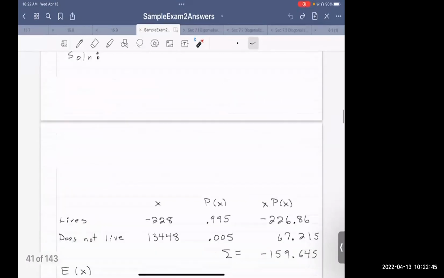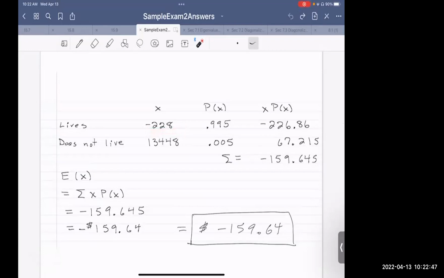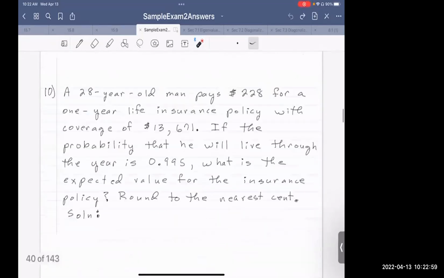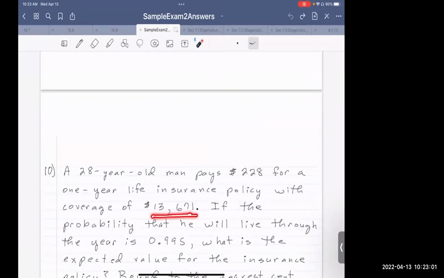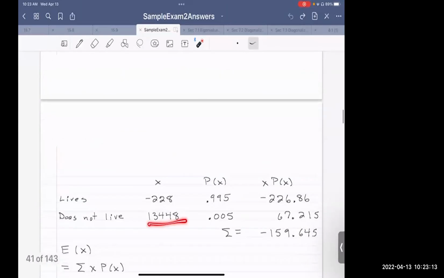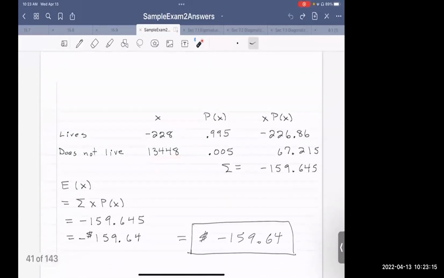If he lives, well, he's paid $228 and that just goes down the drain. And so he loses the $228. However, if he does not live, he dies within 1 year, then the insurance policy pays him $13,671. He had to, however, pay $228 for that. And so he will have made $13,448 if he dies within 1 year.